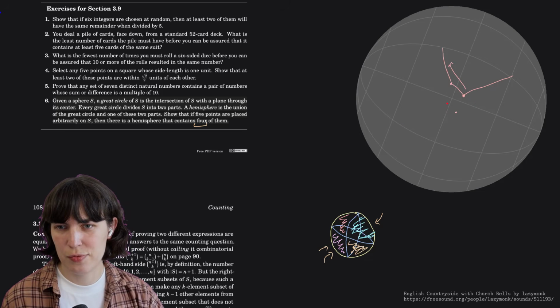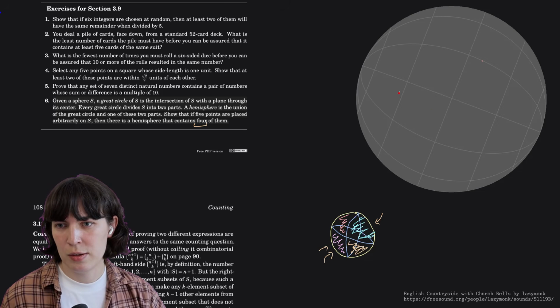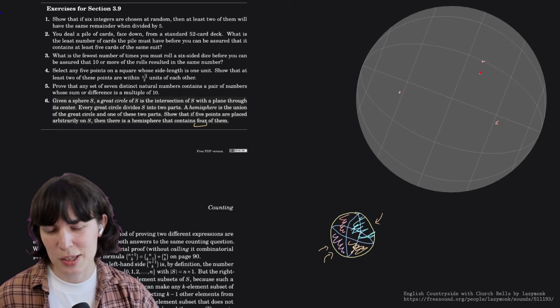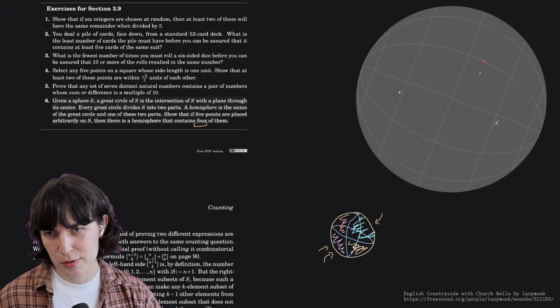Let's try some other configurations. So let's look at this one, it's kind of horrible, right? So let's draw lines between all these.